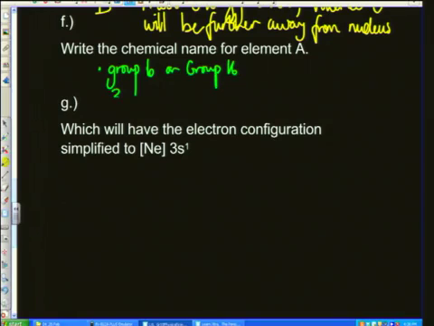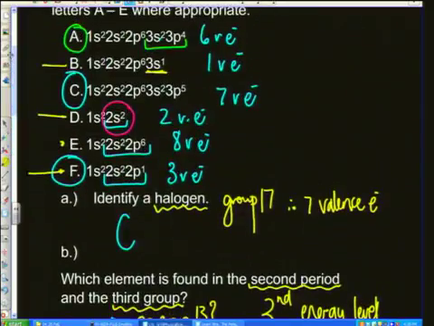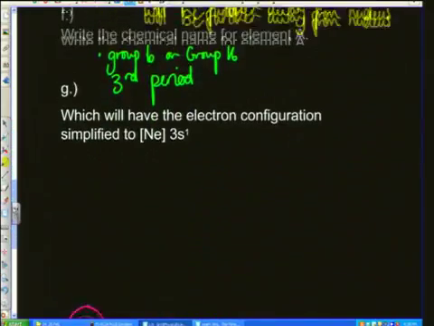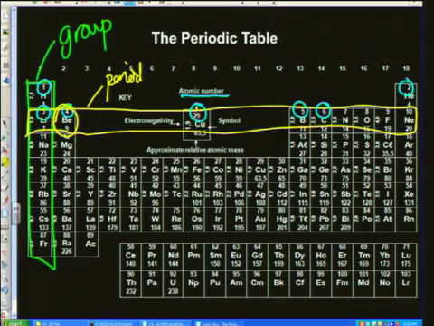And I said the 3rd period. So the 3rd row, going back to it, recognize why. We said it's got 6 valence electrons and it's filling the 3rd energy level. So I need to go across here to my periodic table and say, okay, let's find group 16 and let's look for the 3rd energy level.